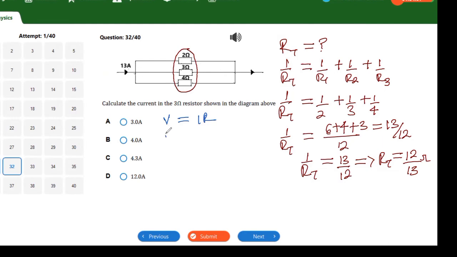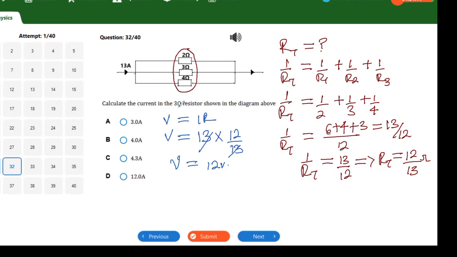So total voltage V will now be equal to the total current I, 13, multiplied by the resistance, which is 12 all over 13. So that 13 will cancel 13, and V will now be equal to 12 volts. So I've gotten my V. So the next thing is to use this to get what?